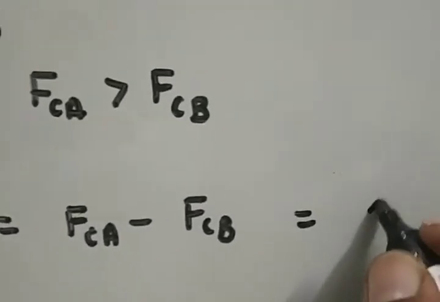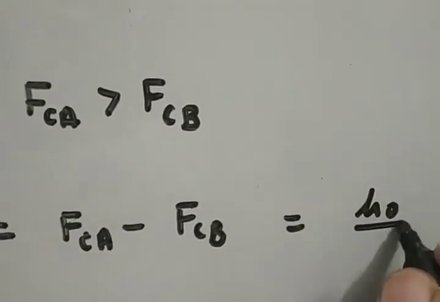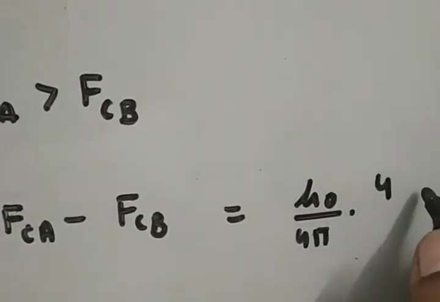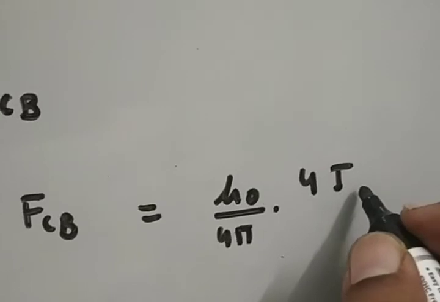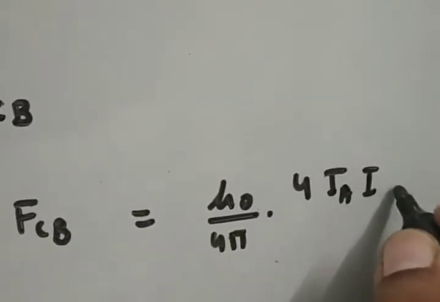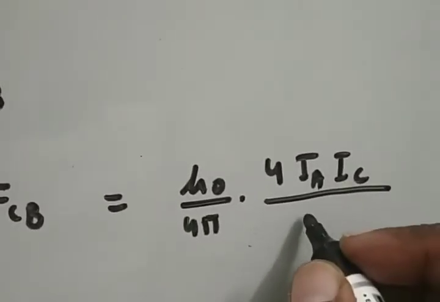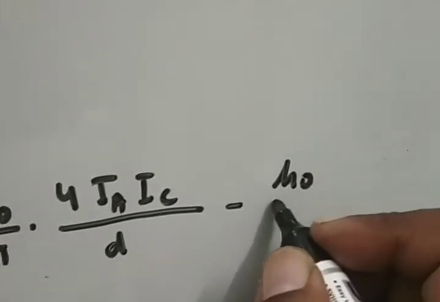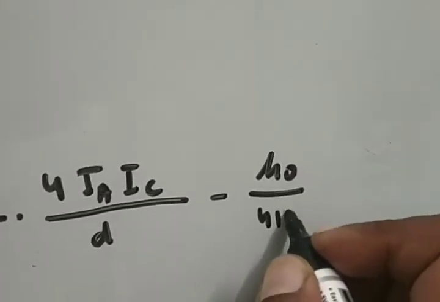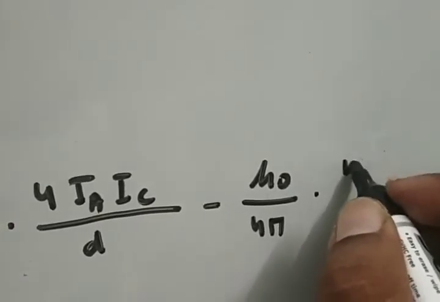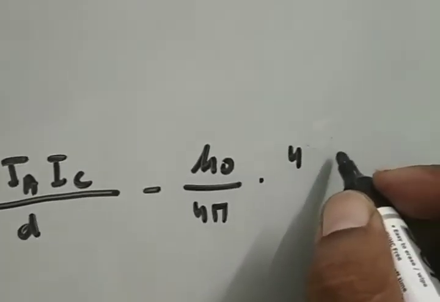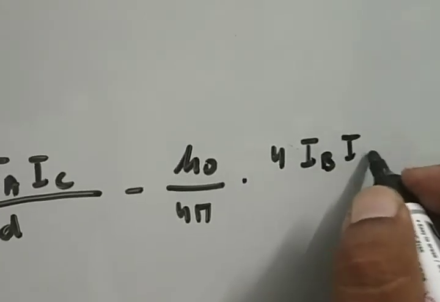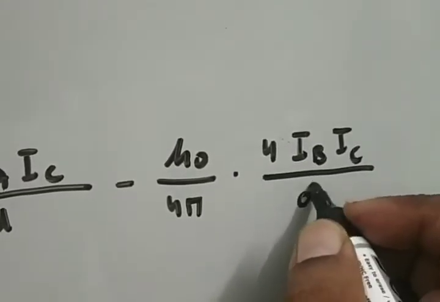We put the values, mu naught upon 4 pi, 4 IA IC divided by d, minus mu naught upon 4 pi, 4 IB IC by d.